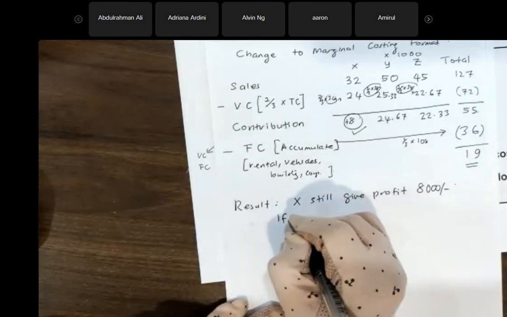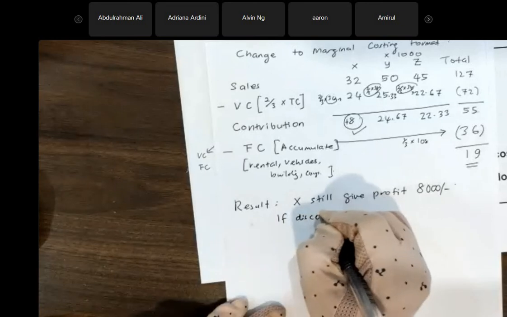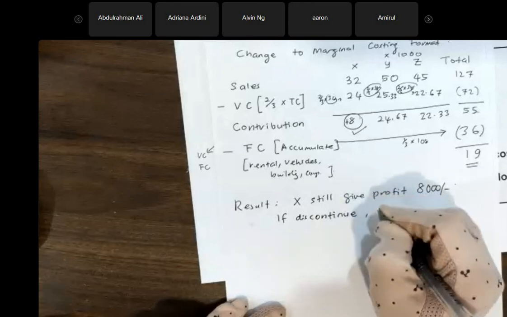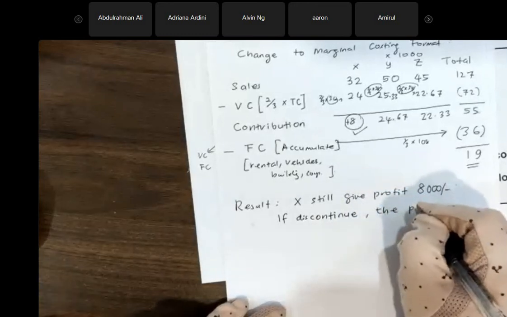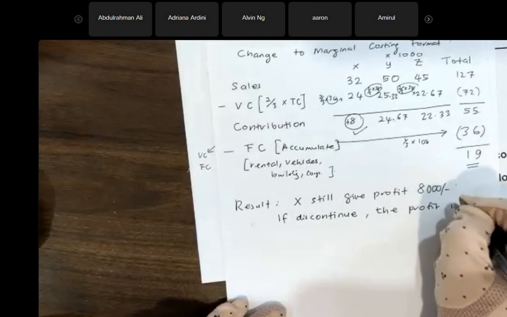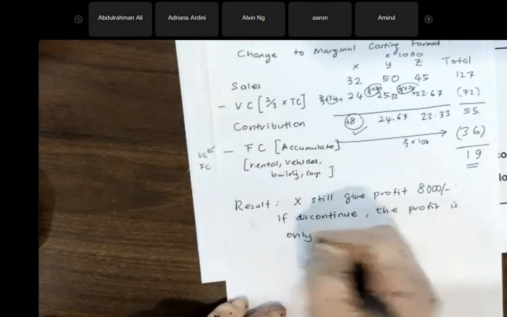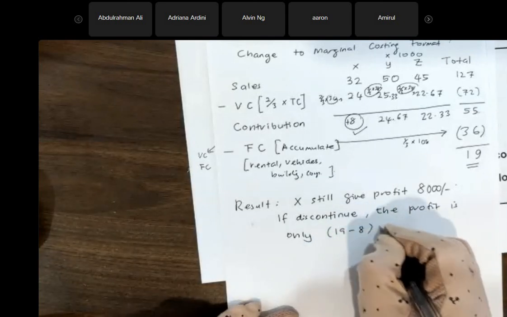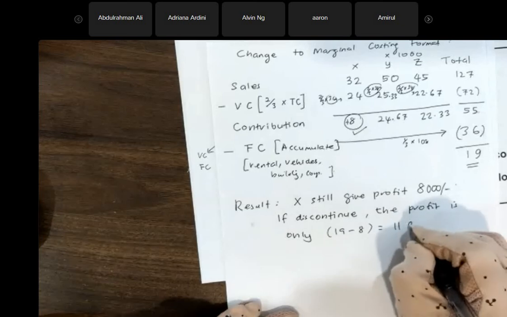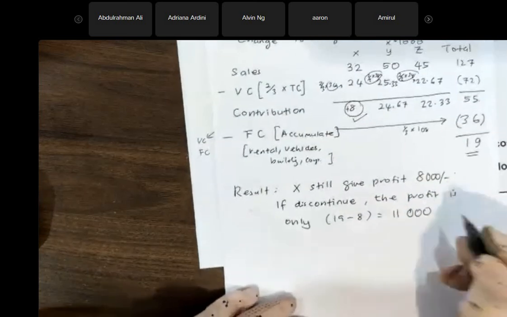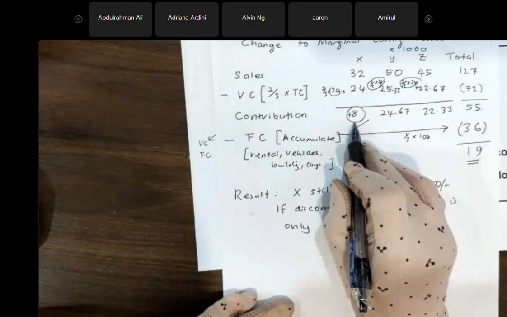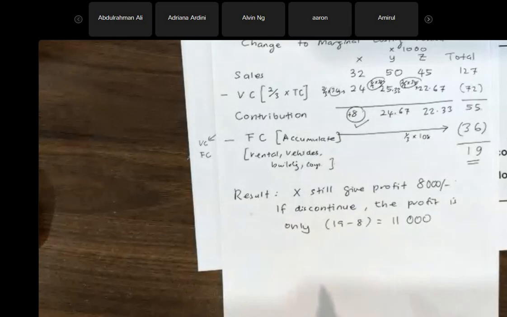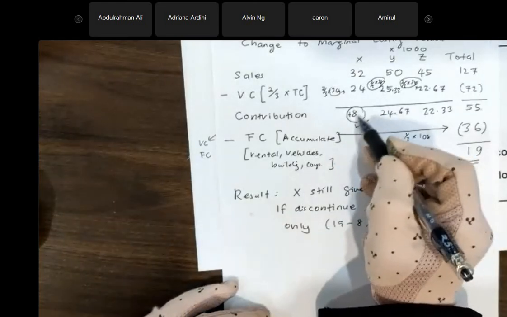If discontinued ataupun terminate, if you discontinue, the profit is only how many? Okay, 19 minus 8. So 11,000.